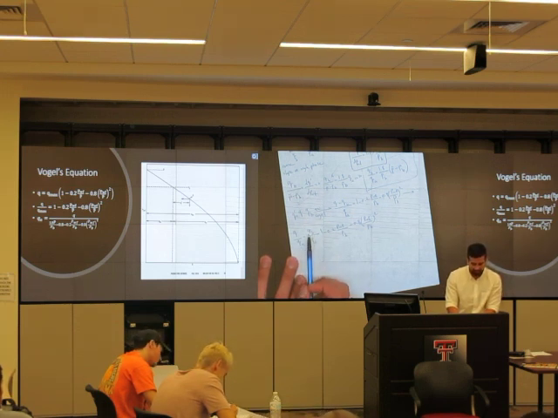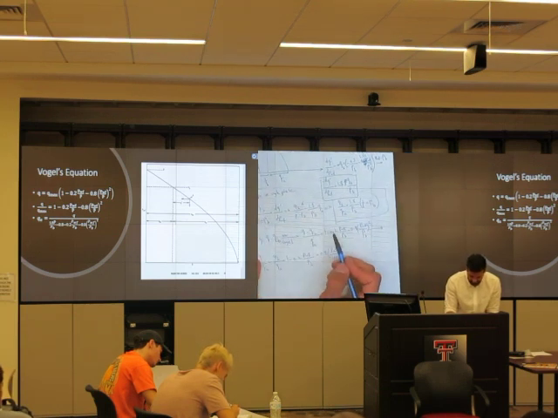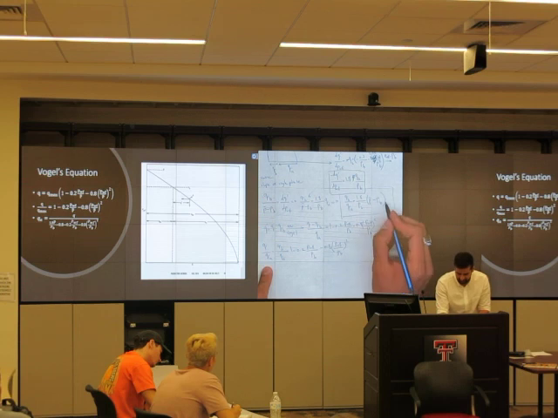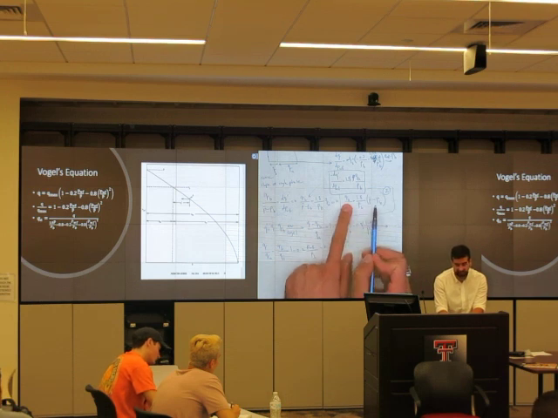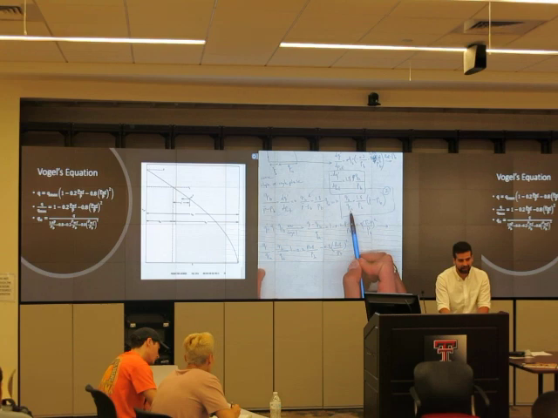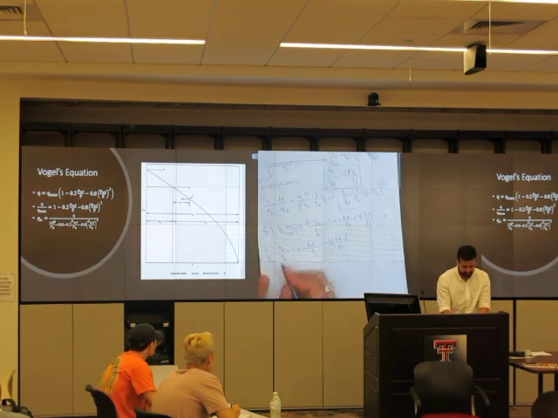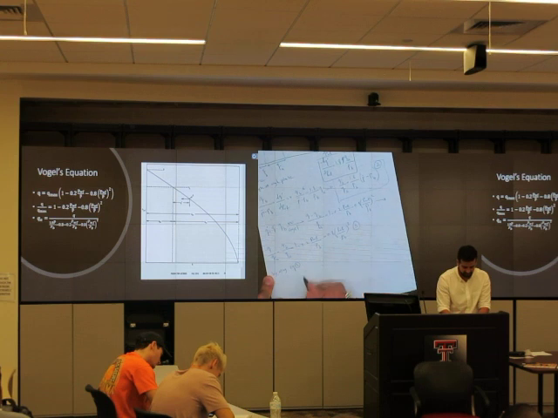Now that we have this, let's call this equation 2. Equation 2 actually gives an expression for QB over QA. By using equation 2, we call this equation 3.